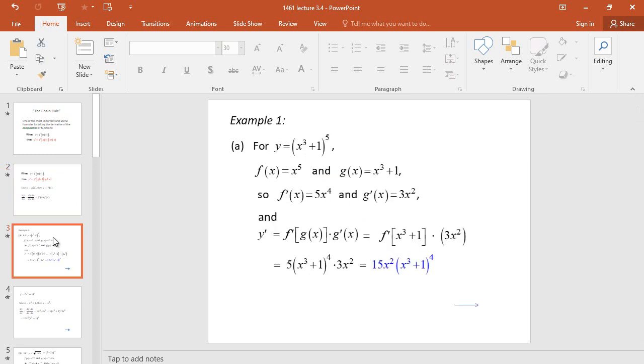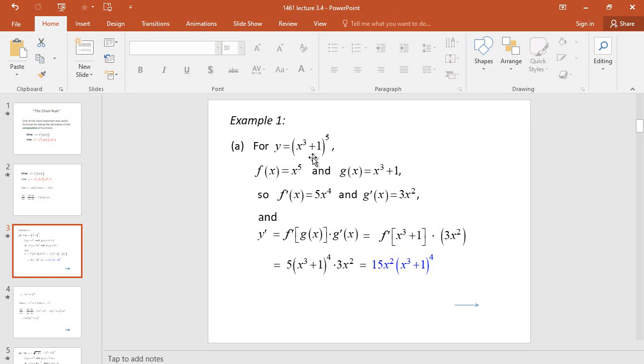So here's my first example. Let's say that y is the function x cubed plus 1 to the power 5. To find the derivative here, we first notice that y is the composition of the functions f and g, where f of x is x to the 5 and g of x is x cubed plus 1.